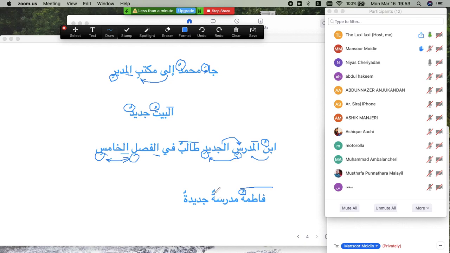Mudarrisatun is our khabar. So it's marfu', it takes a dhamma, and because the khabar does not have alif lam, it takes a tanween. Jadidatun is a na'at. It just follows mudarrisatun in the same way. This is marfu' without alif lam, so this one here is marfu' without alif lam.